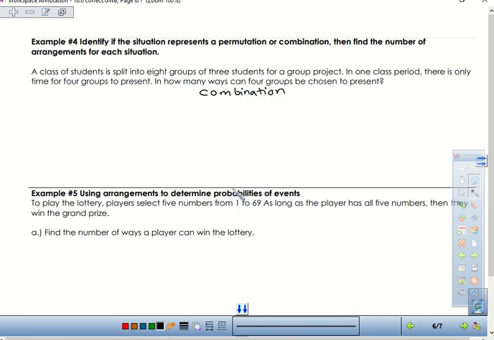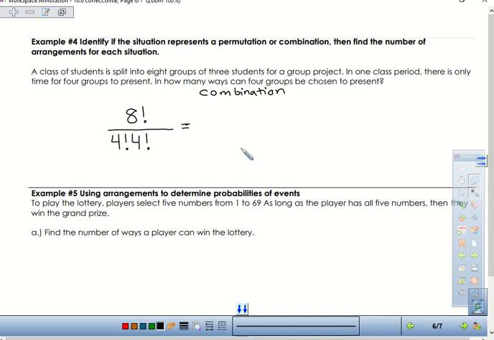So, how many groups do we have to choose from? 8. Of those 8 groups that we're choosing from, how many groups are we choosing? 4. Good. And then we take the difference between the sample space minus the things we're choosing, which is 4.